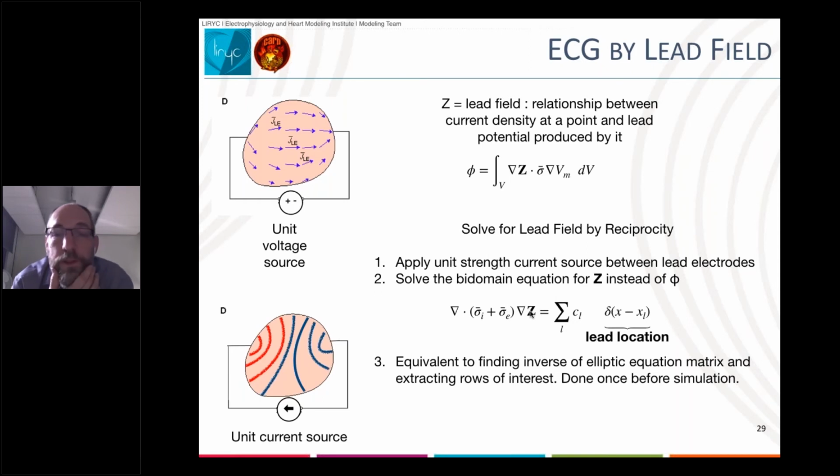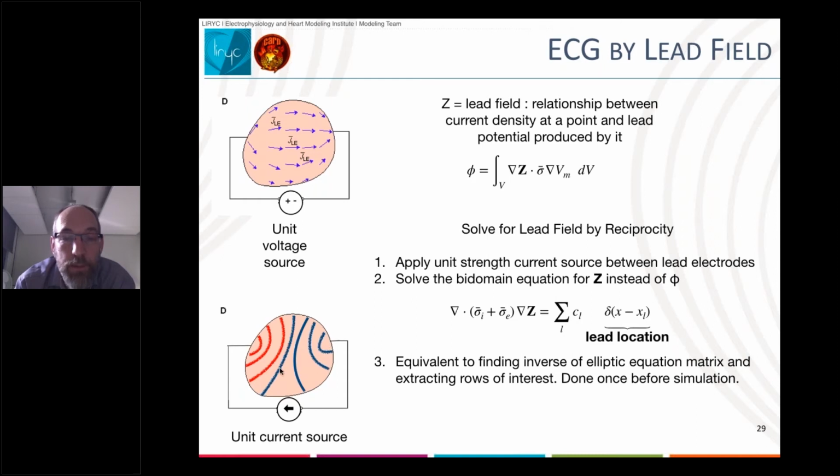So this is more of a practical problem. If we want to do a computation and just solve what lead 2 is on our ECG, then we can apply a unit current source across our lead 2 electrodes and measure the potential field that results.